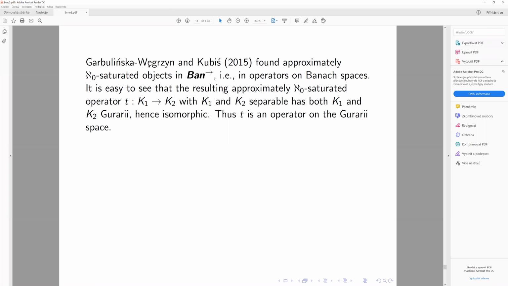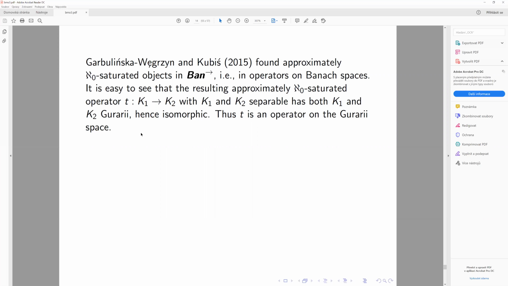And Garbulińska, Kubiś and Bargrová found, again, an analogue of the Gurari space in this situation. So this approximately saturated operator on Banach spaces. Then it's easy to see that if you have this operator, then both K1 and K are separable and both are Gurari, so they're isometric. So in fact, this operator is an operator on the Gurari space, not between.